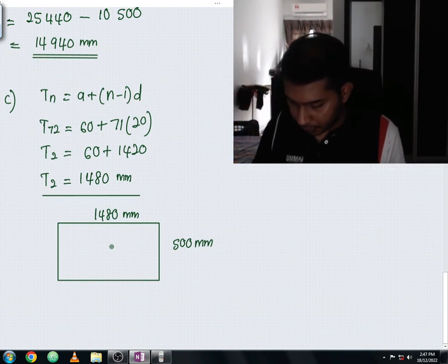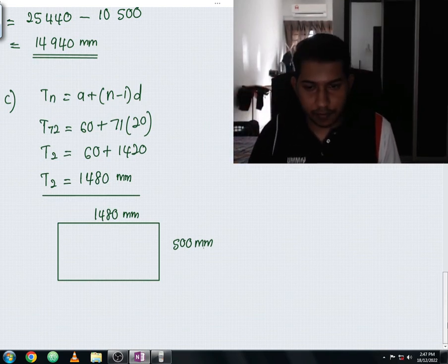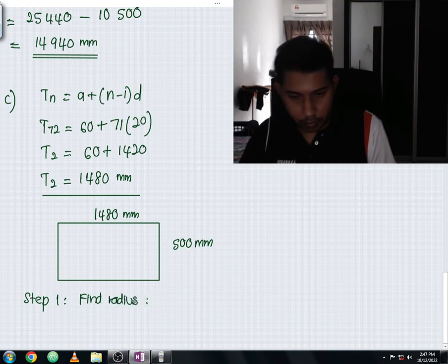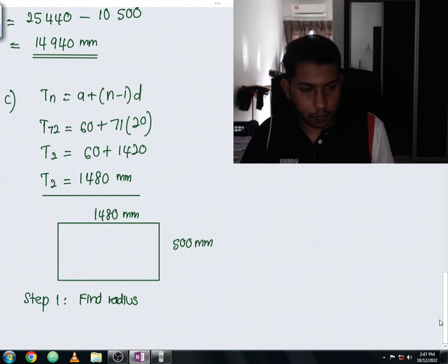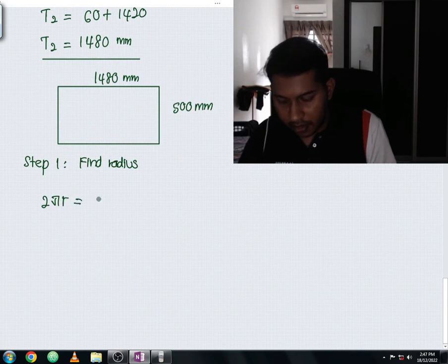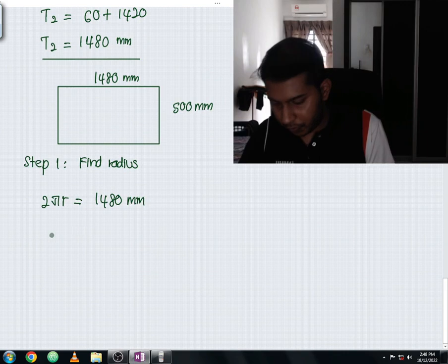So our first step will be finding the radius. Let me scroll this down. So from here 2 pi r will be equal to 1480 mm.